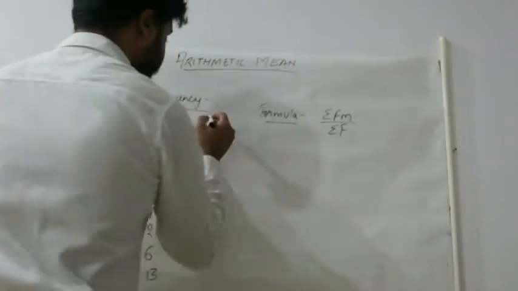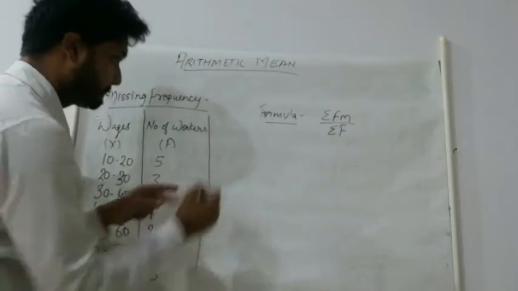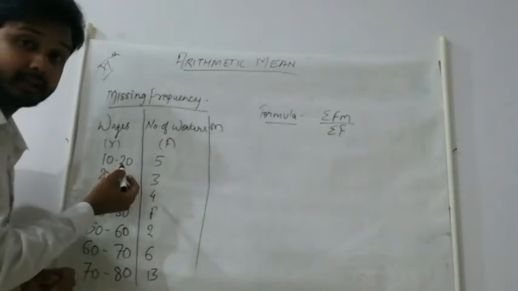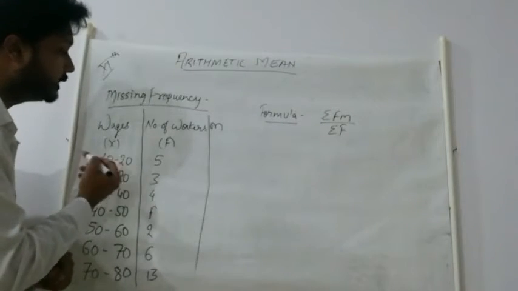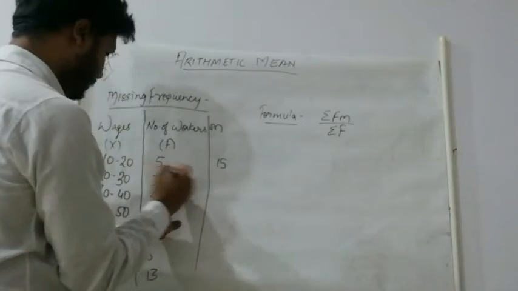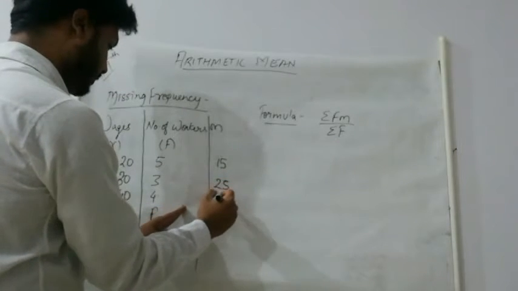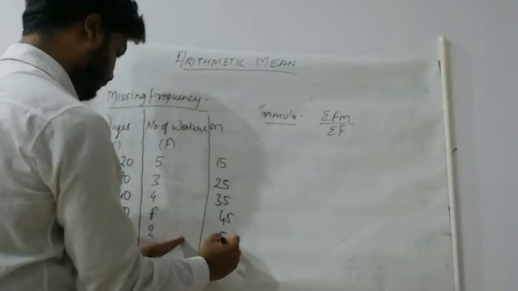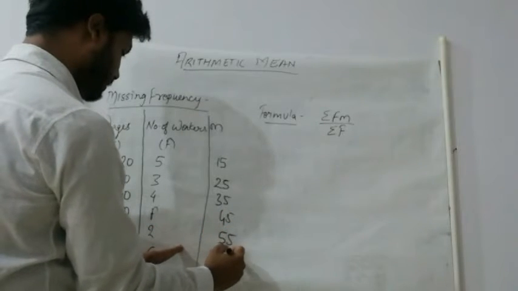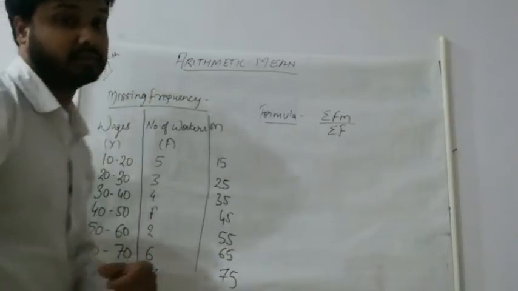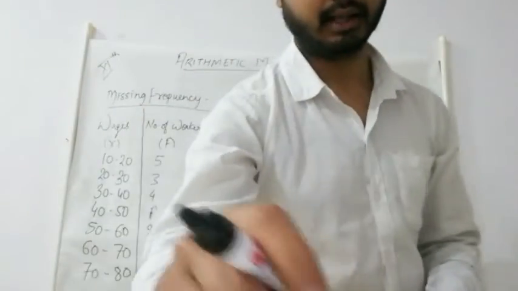So let us do it. M, mid value, 10 to 20, it means 10 plus 20 is 30 divided by 2, that is 15. So it will come in series only, 15, 25, 35, 45, 55, 65 and 75. Okay, it will be like this.